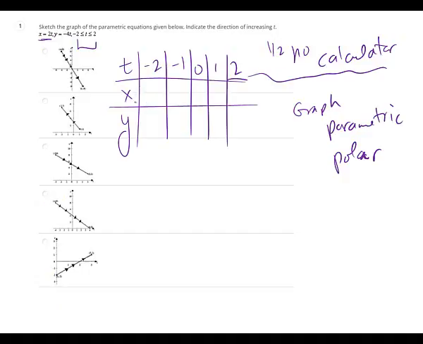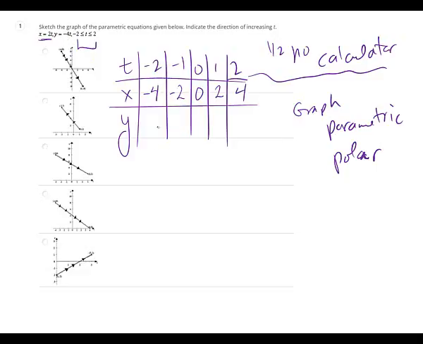So x equals 2 times -2, which is -4. 2 times -1 is -2, 2 times 0 is 0, 2 times 1 is 2, and 2 times 2 is 4. Now we plug into the y, which is -4t.